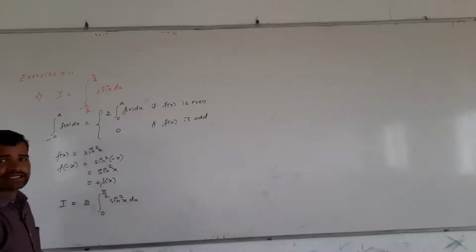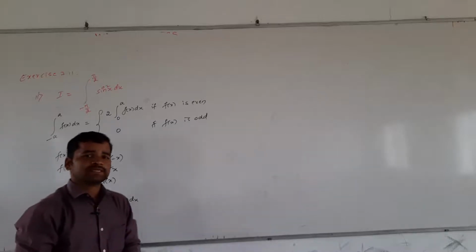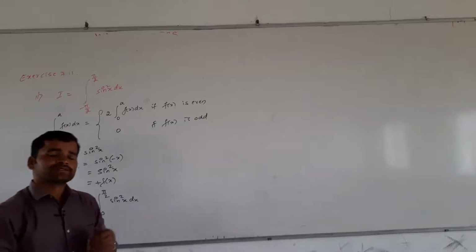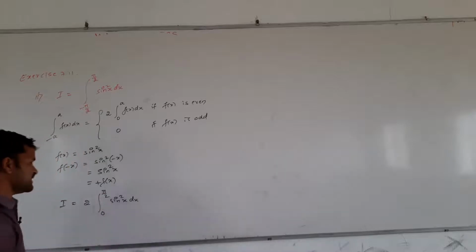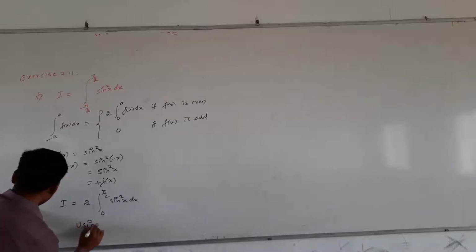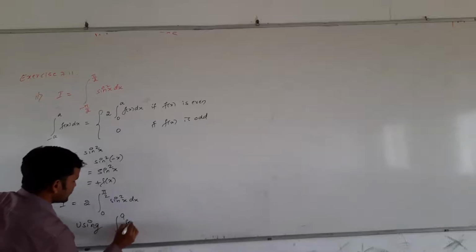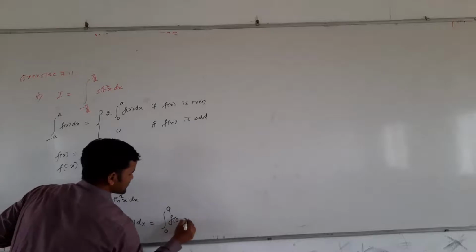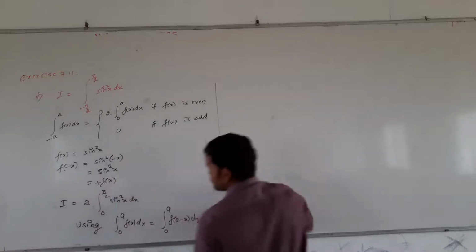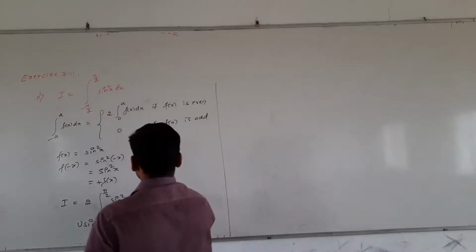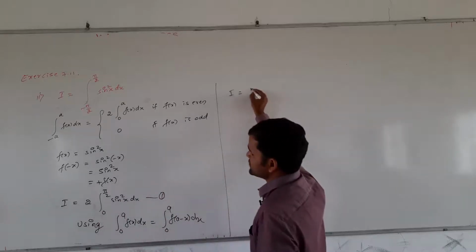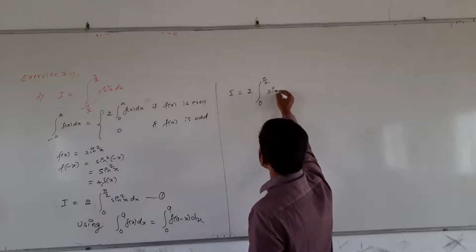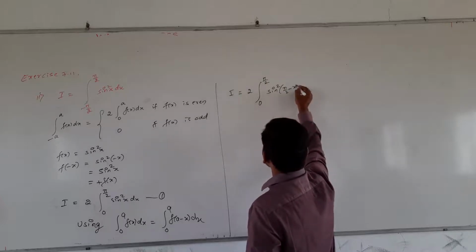Next, how to integrate? It is very easy, using the property 0 to a f of x into dx is equal to 0 to a f of a minus x into dx. Let me name this as equation 1, and I is equal to 2 times integrating from 0 to pi by 2 sin square of pi by 2 minus x into dx.